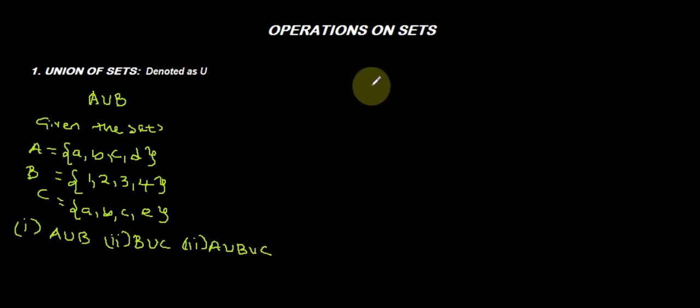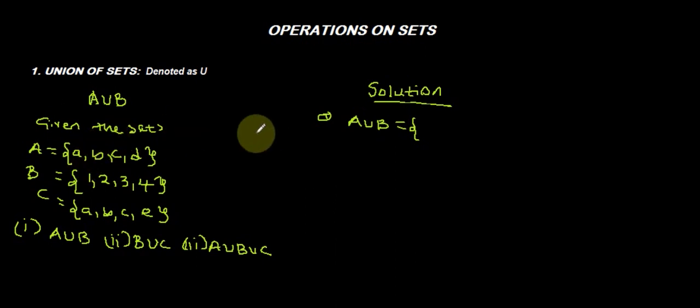Now, let's do our solution here. From what I said earlier, you just have to join the elements that are in both sets. Now number 1, we're asked to find A union B. So we have set A. What are the elements in A?